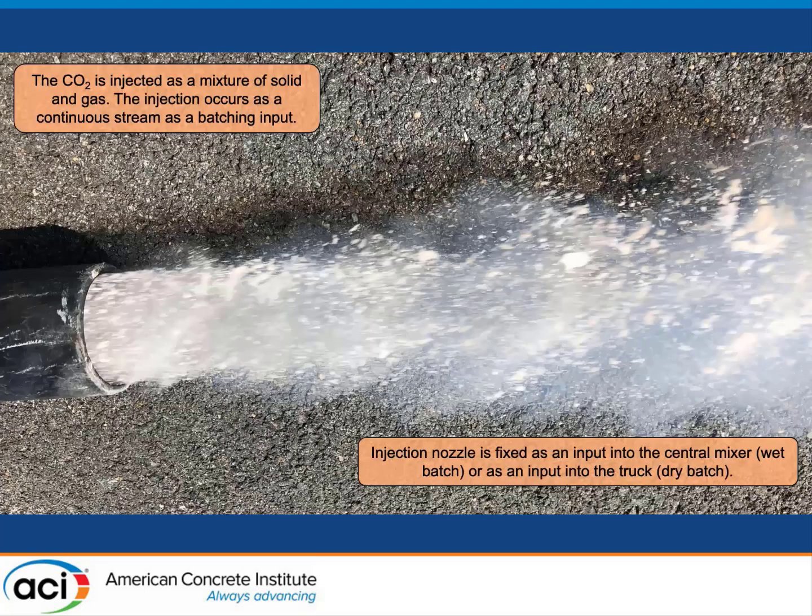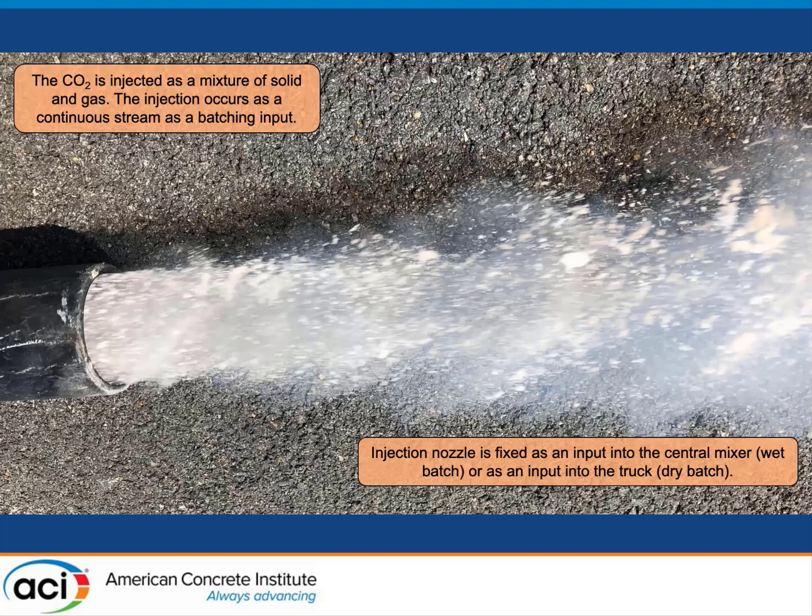What does this mean when you're injecting CO2 into a batch of concrete? Well, if you're taking liquid CO2 and you're sending it into anything else, it's kind of like a fire extinguisher. The liquid CO2 is not actually stable at atmospheric temperature and pressure. So what meets the concrete is actually a mixture of solid CO2 and gas.